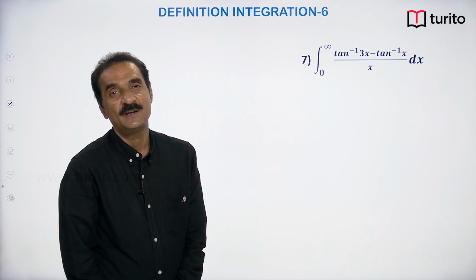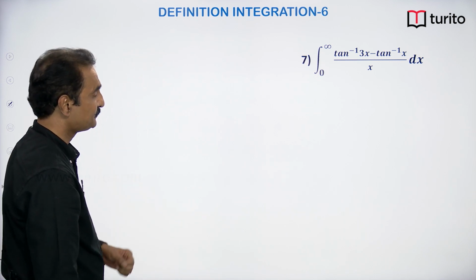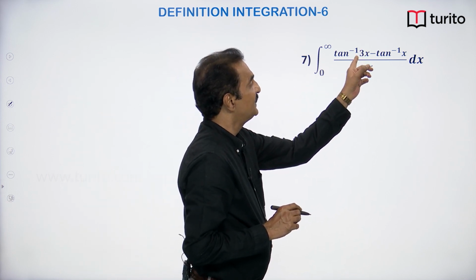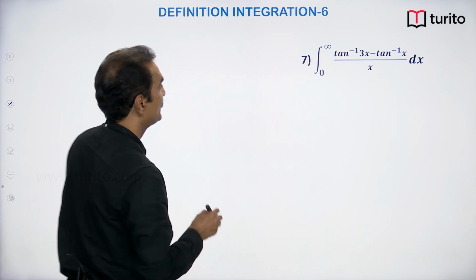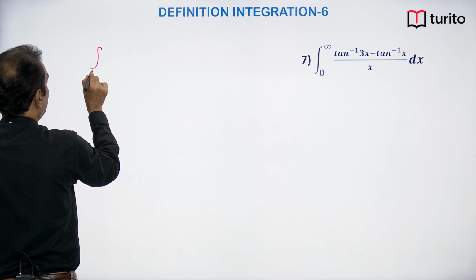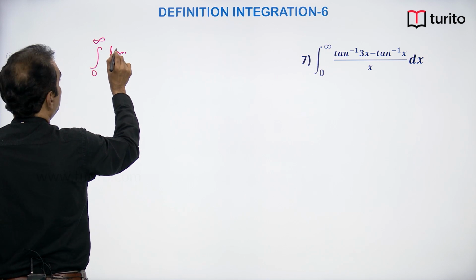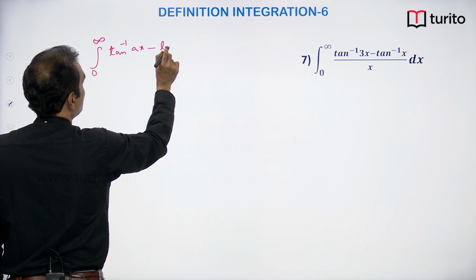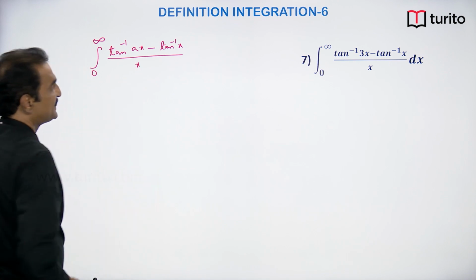Integral 0 to infinity tan inverse 3x minus tan inverse x by x. In this question, I will assume that in place of 3, I will take some constant a. Integral 0 to infinity tan inverse ax minus tan inverse x by x.